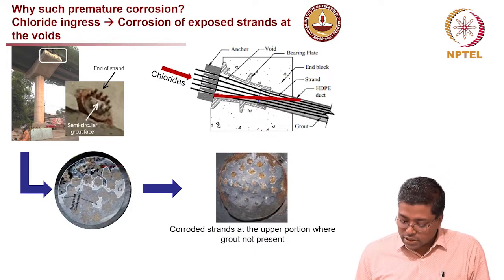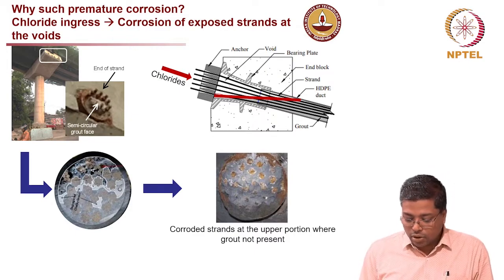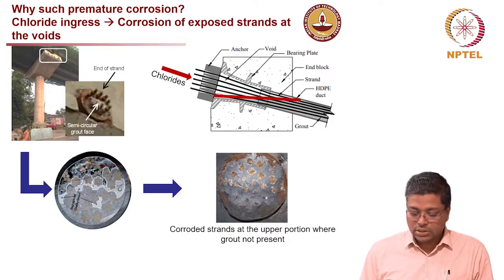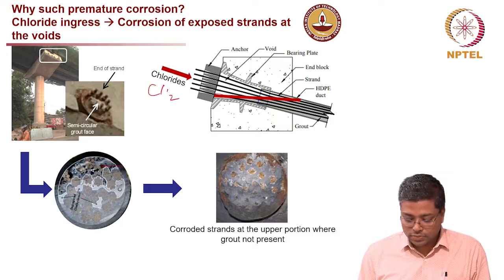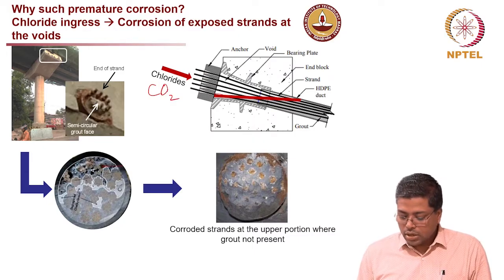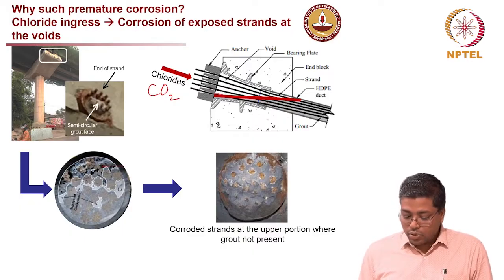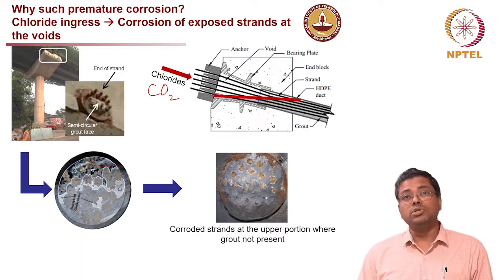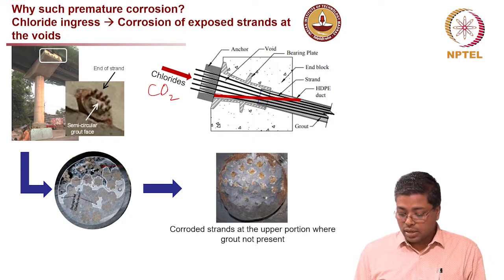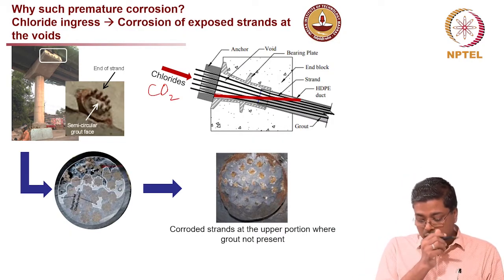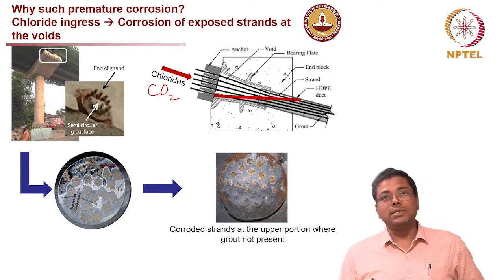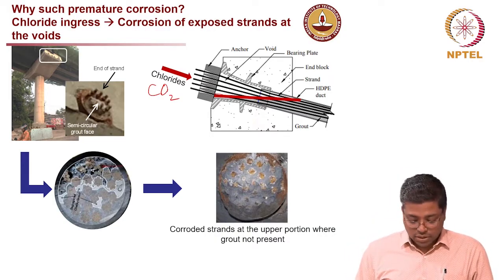Now when you have carbonation like that, chlorides can enter, and CO2 can also enter through this, and it will carbonate this region. Now you have a strand which is passing through a good grout, and it is exposed to a highly carbonated grout. That leads to accelerated corrosion of the strands.